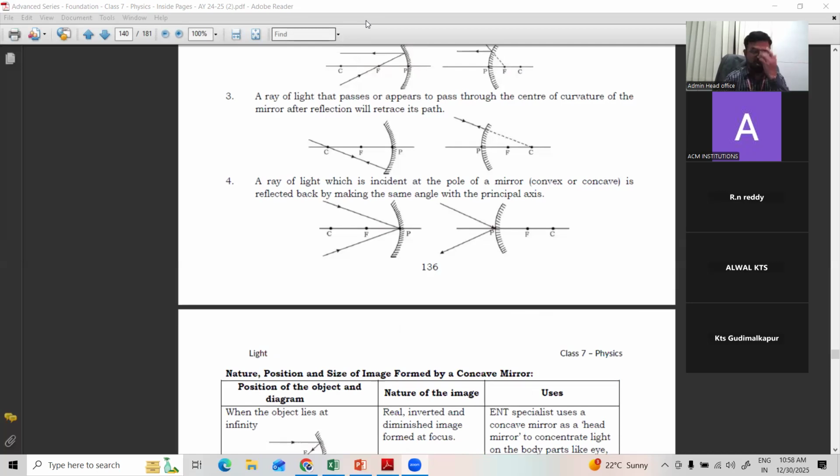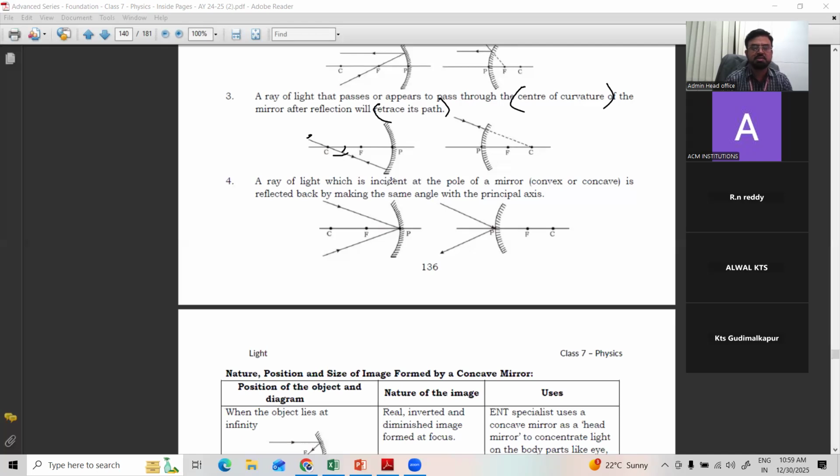Right? Another one here, the third one. A ray of light that passes or appears to pass through the center of curvature, after reflection from the mirror, will retrace its path. Retrace. Again, the same path. See here. Here we are passing the light from here.